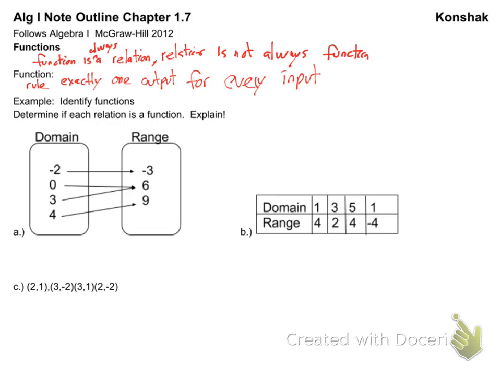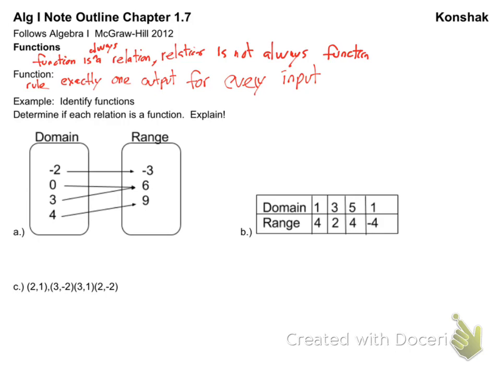What you need to realize, guys, is that if I look at your inputs, do any of them repeat themselves? No. So the outputs repeat themselves. If I put a 2 in, what am I going to get? Negative 3. Will that ever change? No. If I put a 0 in, I'll get a 6. I put a 3 in, I'll get a 6. Is it okay to have two inputs go to the same output?